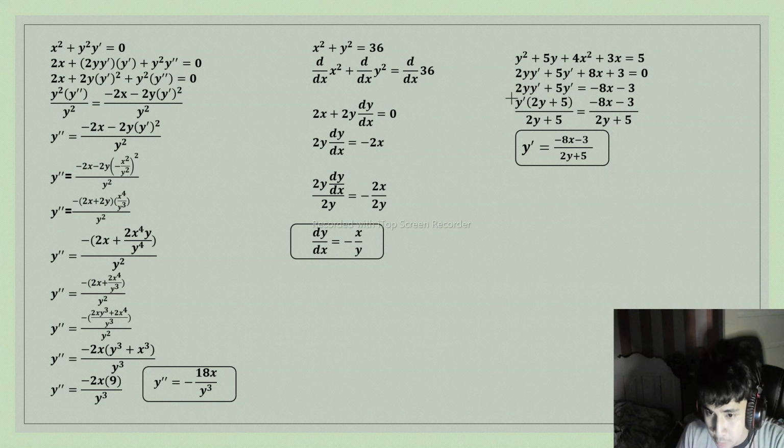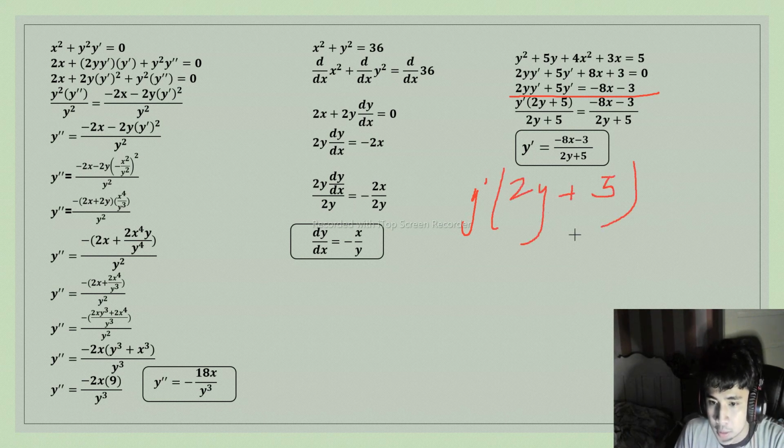So that will leave us to 2y y prime plus 5y prime equals negative 8x minus 3. So pwede natin i-factor out yung y prime, na 2y plus 5.